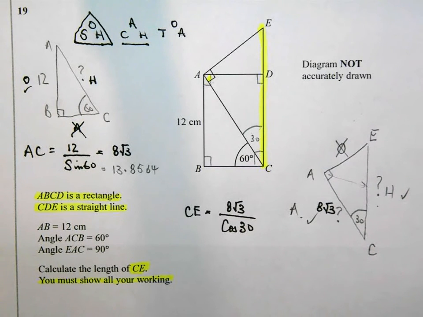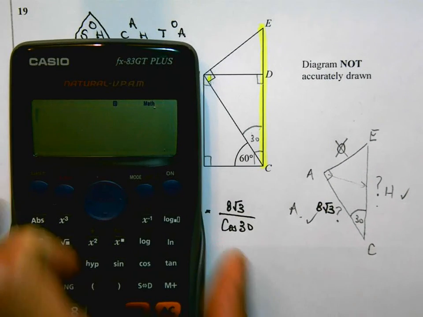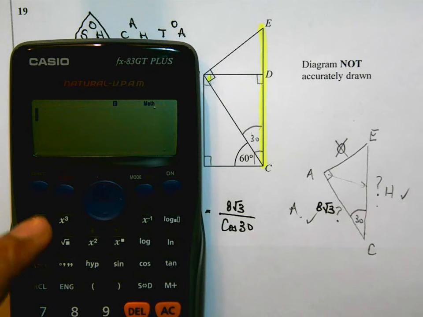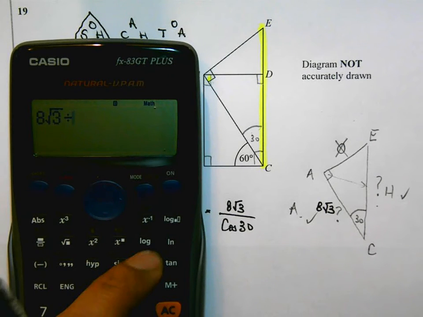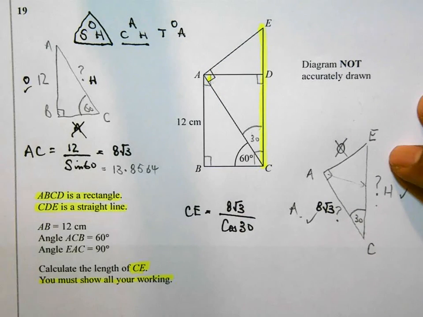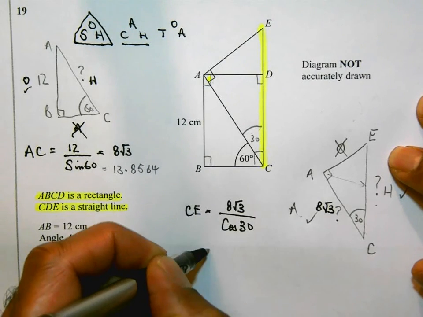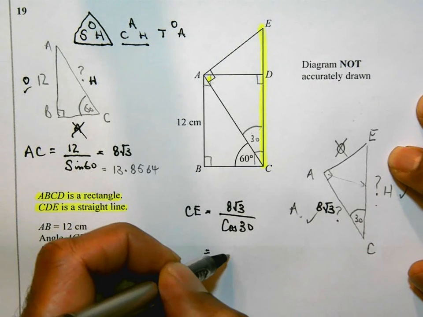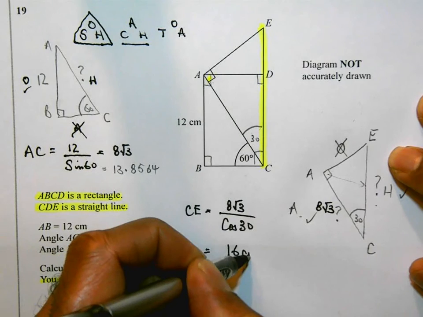So if I do 8 root 3 divided by cos 30, that gives me exactly 16. If I used the decimal number, I would have ended up with 15.99999, and sometimes that can be a bit confusing. But if you did write that down, the examiners would still give you full marks for this. This is what I'm going to write in the answer space down below: 16 centimeters.